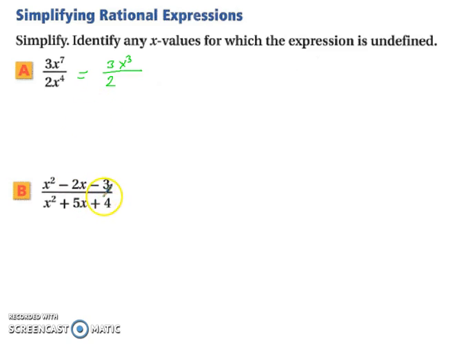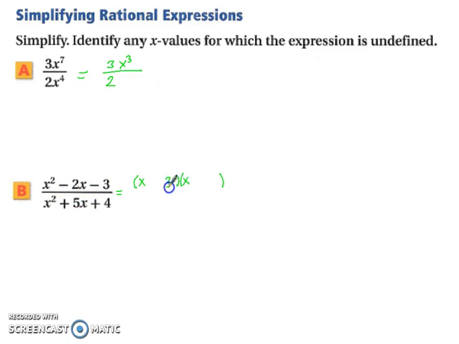This next one is a little bit trickier. To do this next one, we have to factor both the numerator and denominator. So, we want two numbers that multiply to give us -3, but when we add them, we get -2.